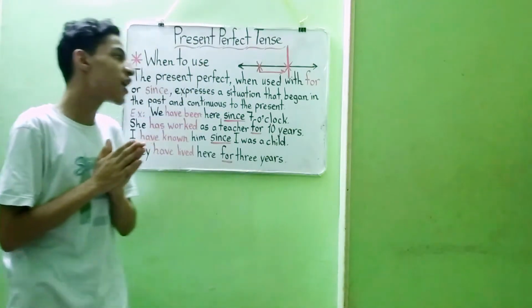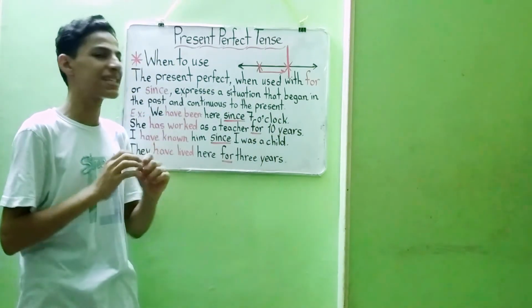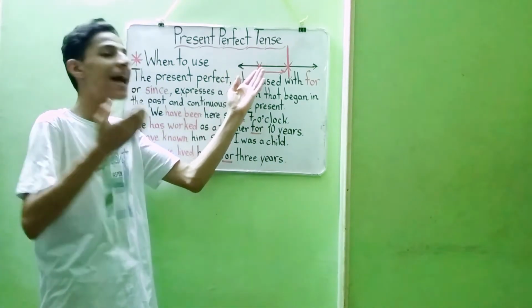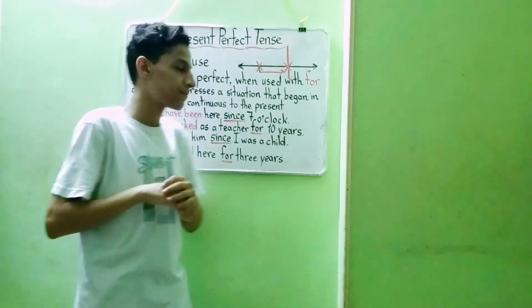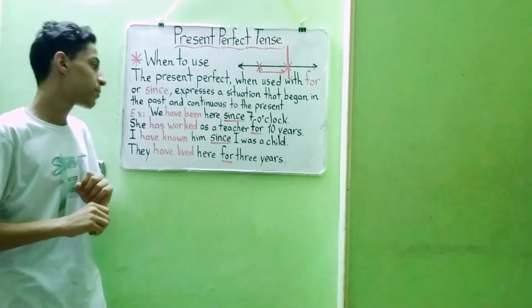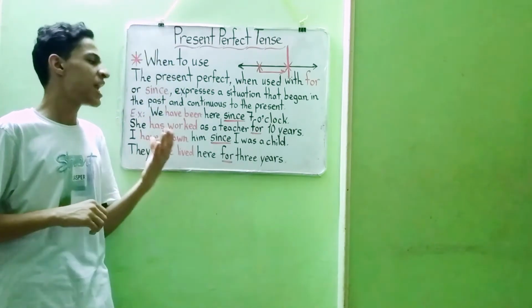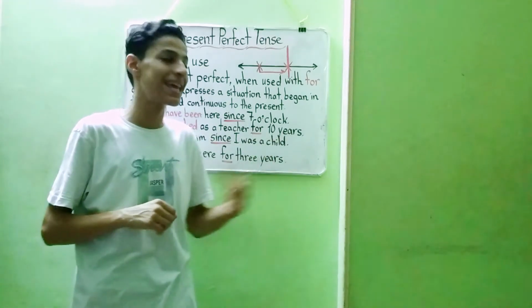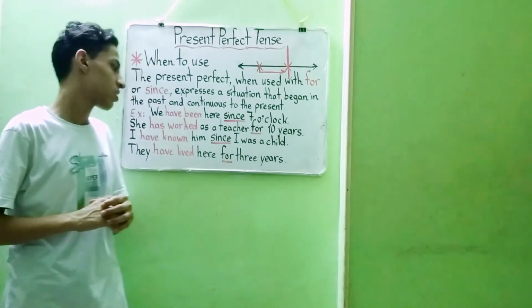Third, the present perfect when used with for or since also expresses a situation that began in the past and continues to the present. So, for example, we have been here since 7 o'clock. She has worked as a teacher for 10 years. I have known him since I was a child.